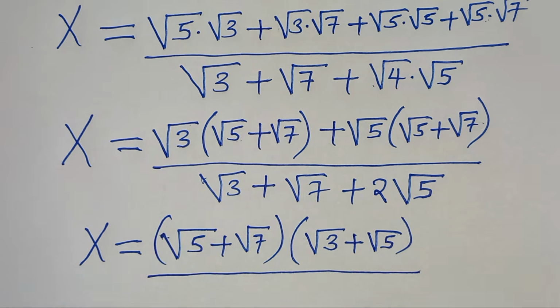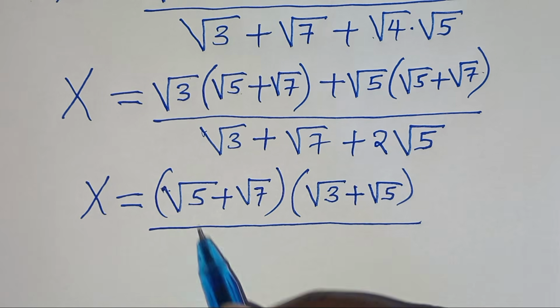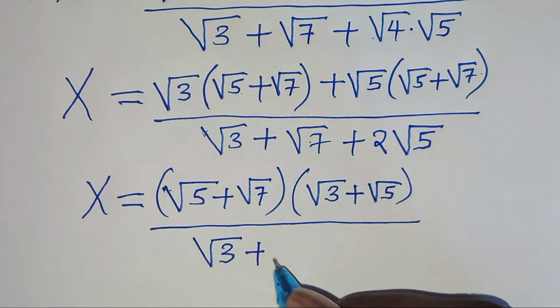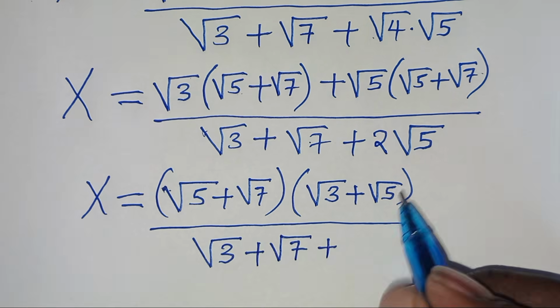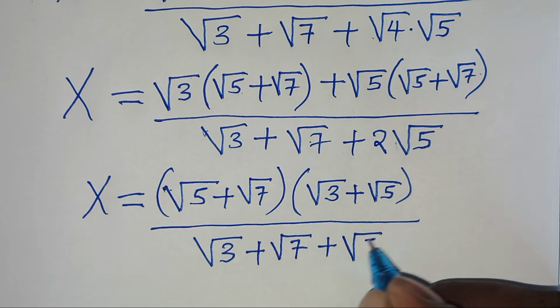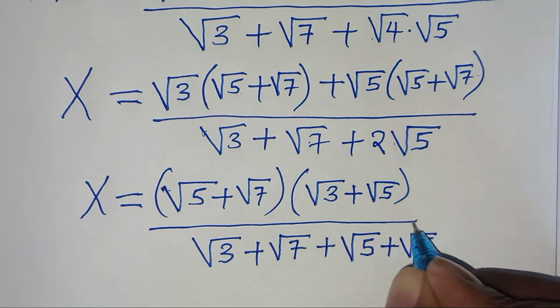This is divided by, in the denominator here, the square root of 3 plus the square root of 7, then plus 2 square root of 5, which can also be expressed as the square root of 5 plus the square root of 5.